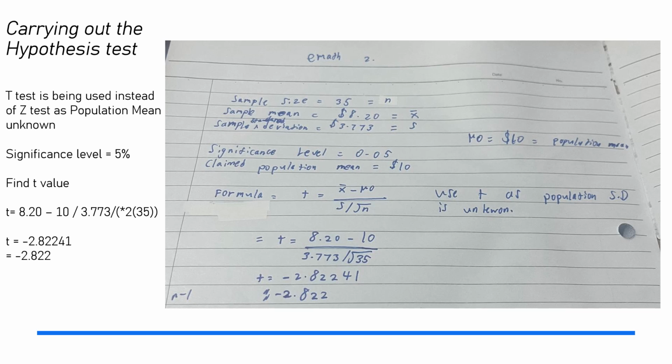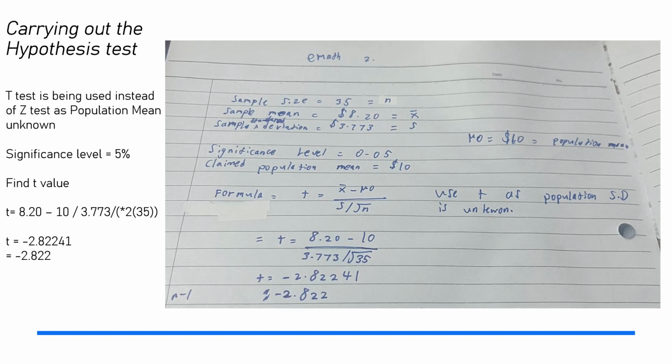Alright, so carrying out the hypothesis test. Over at the top here, we see the sample size, sample mean, and sample deviation, as well as the population mean, which is $10. We will carry out the hypothesis test using the significance level of 5%, otherwise known as 0.05. The reason we find the t-value here is because we do not know the population standard deviation, as it was not listed in the form or anything.